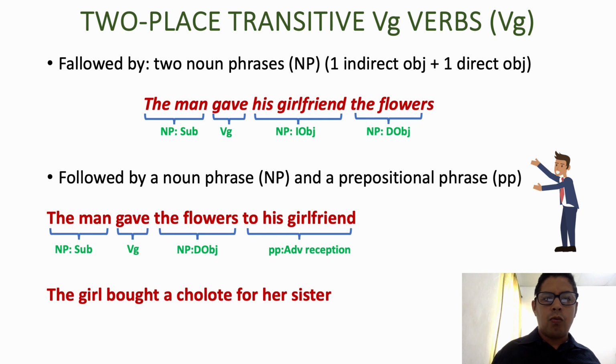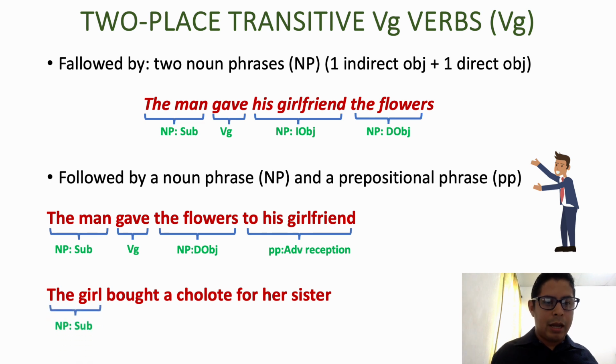Even though it has the preposition to, it's a prepositional phrase. That's the form, but its function is adverb of reception. Basically, who receives the action or who receives the object, in this case the direct object, his girlfriend.